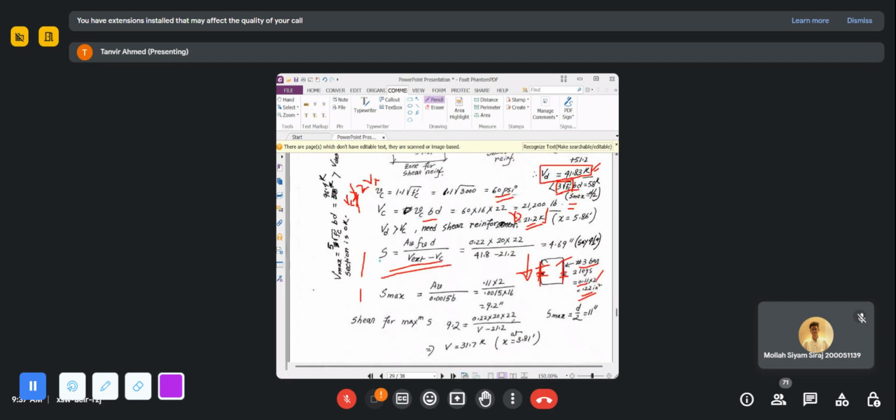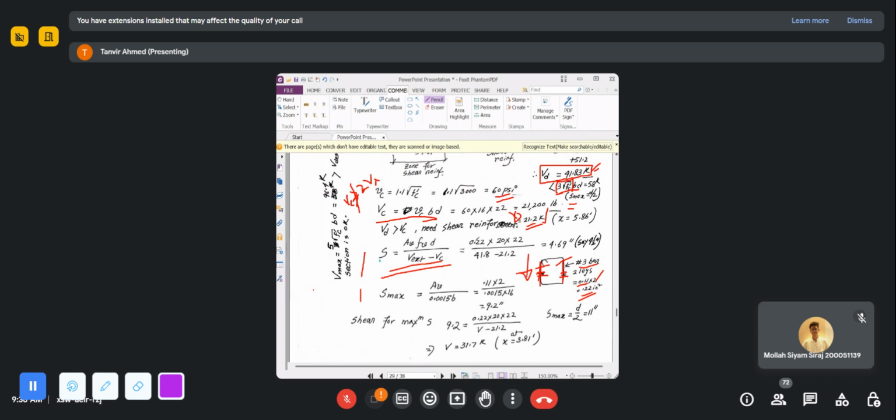Okay. And V external minus VC. You calculated the value of V external, which is the design shear force, 41.83, and VC you calculated from this equation, which is 21.2 kip.